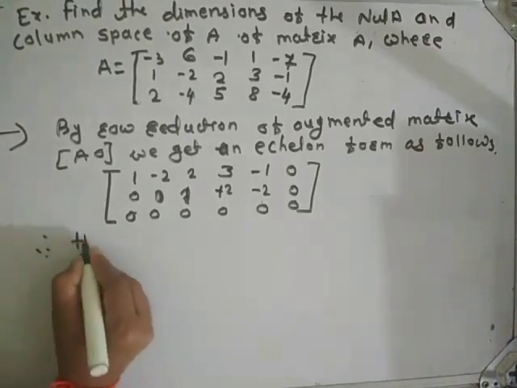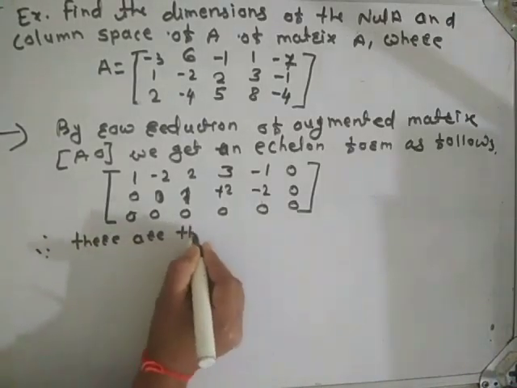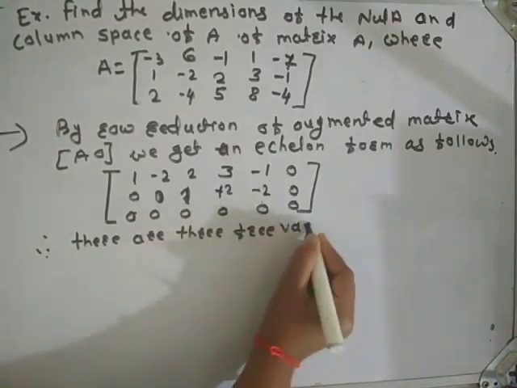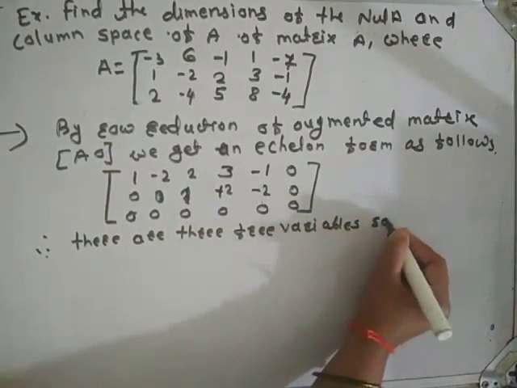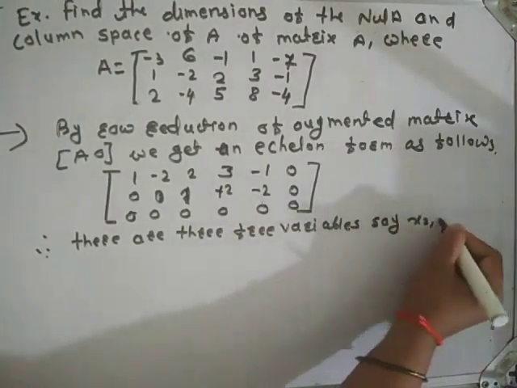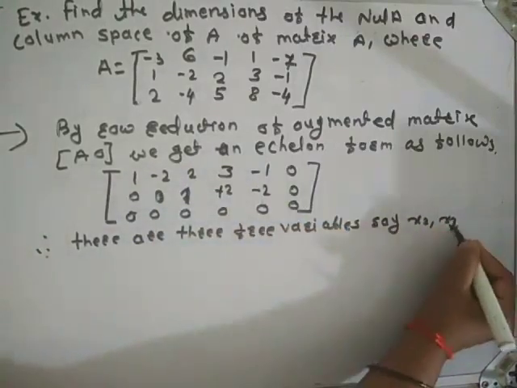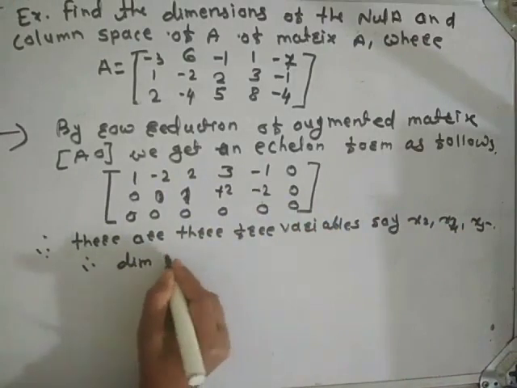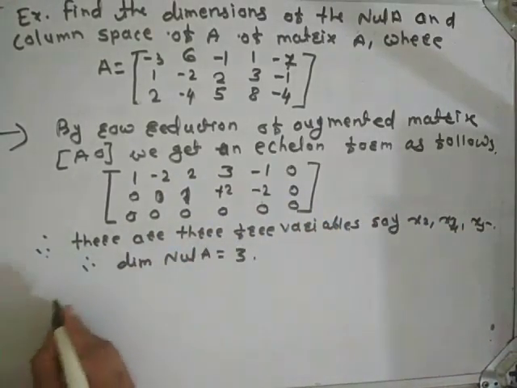Therefore there are 3 free variables, say x2, x4, x5. Therefore dimension of null space of A is equal to 3.